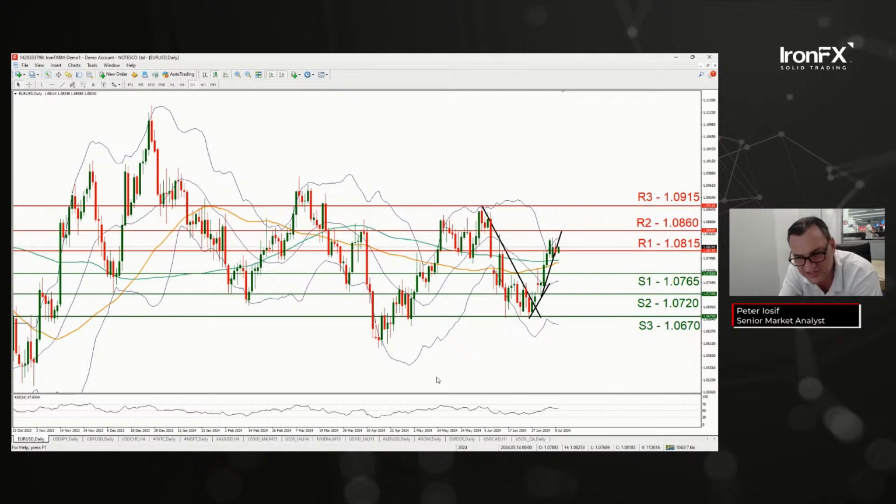On the other side of the pair, we're talking about the USD side now, we have political uncertainty due to the elections in November, the presidential elections. And big news are that incumbent President Biden seems to be sticking to his candidacy for the Democratic Party.